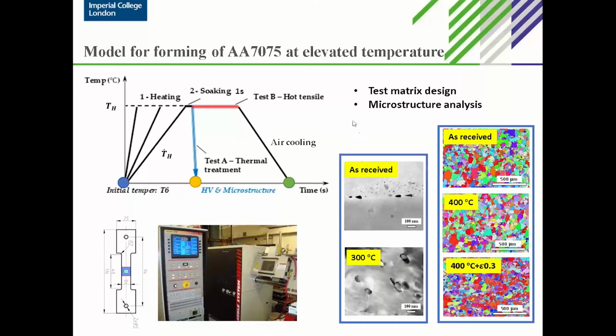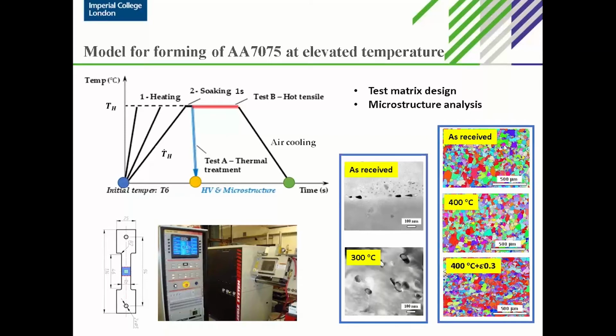And later we conduct the hot tensile test at the designed temperature. So we examined the microstructures at the initial stage, and also after directly heating without deformation, and again after the deformation. So this is just a part of the microstructure results.